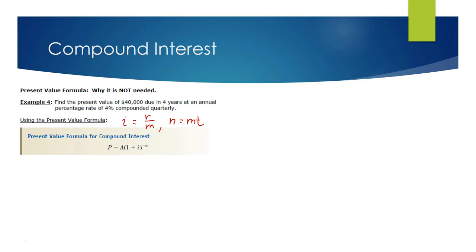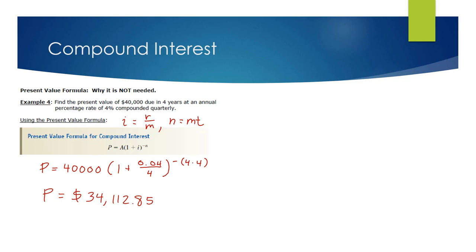So what they would have you do is calculate the principal by plugging in 40,000 times (1 plus 0.04 over 4), all raised to the negative 4 times 4 power. And if you work that out, you get that the principal needed was $34,112.85. So using the formula, it's pretty cut and dry.